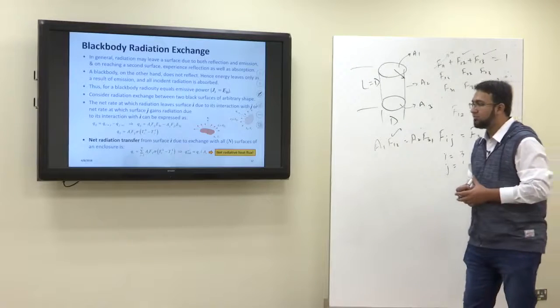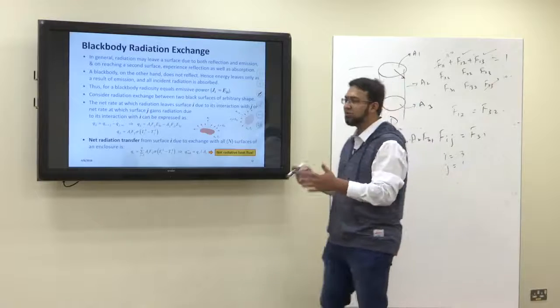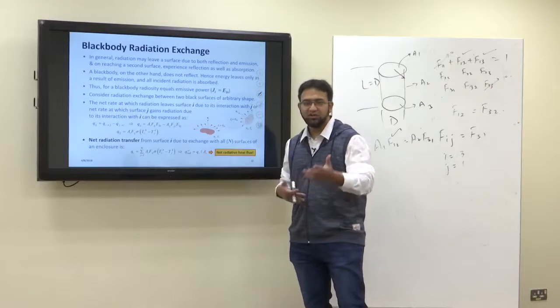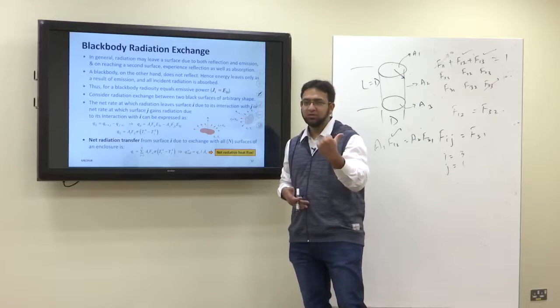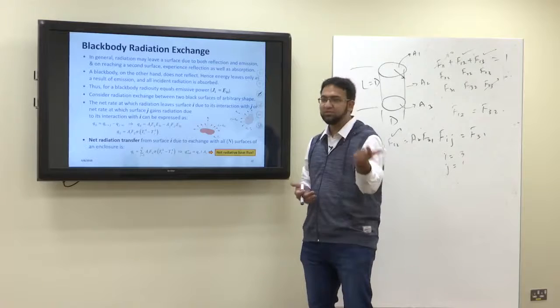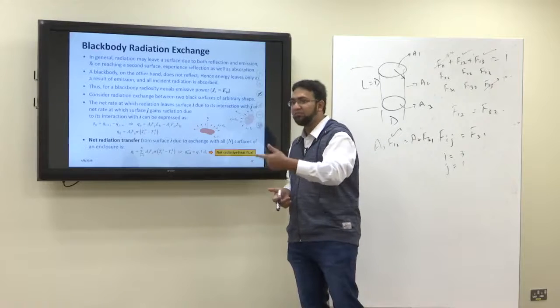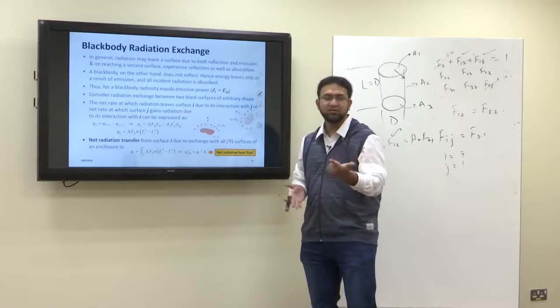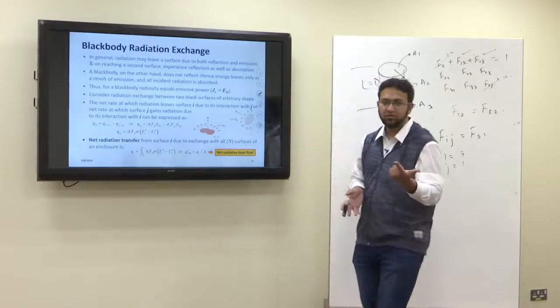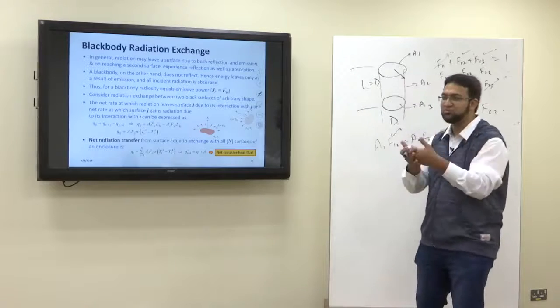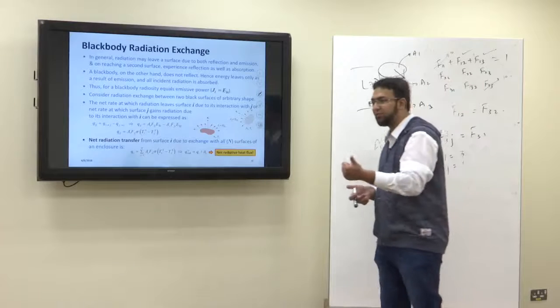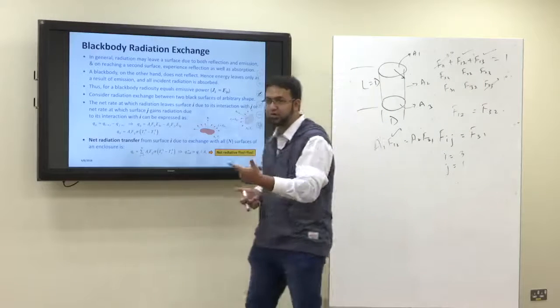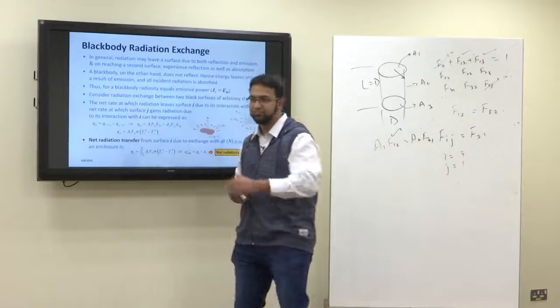So the radiosity will actually be equal to the emission. Radiosity is equal to what? Amount of energy emitted plus amount of energy reflected. But if it is a black body, then nothing is reflected, because all the incoming energy is absorbed. Definition of a black body: perfect emitter, perfect absorber, diffuse emitter.